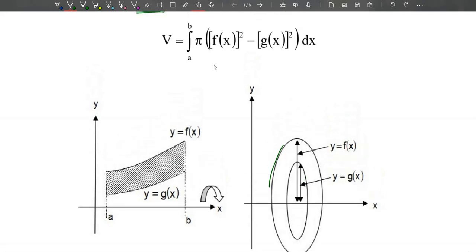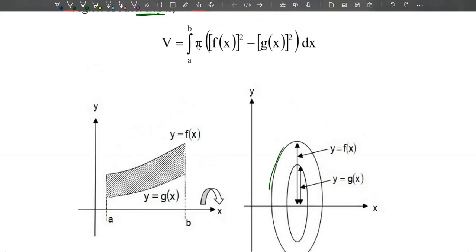As you can see, V equals the integral from a to b, which means the values here should be x values, because we integrate with respect to x, and your function too should be in terms of x. The first thing you need to do: this is the axis of rotation, let's say it rotates at the x-axis.